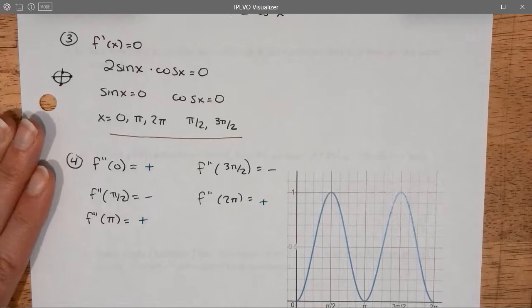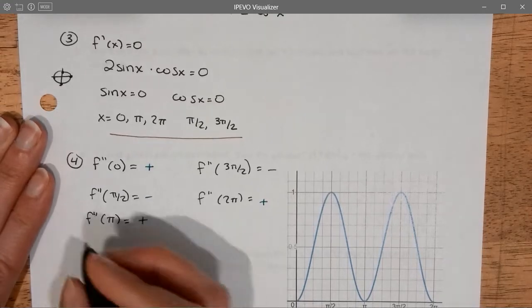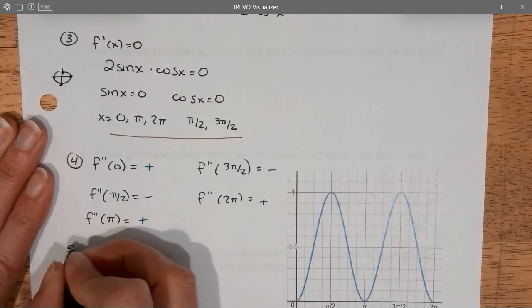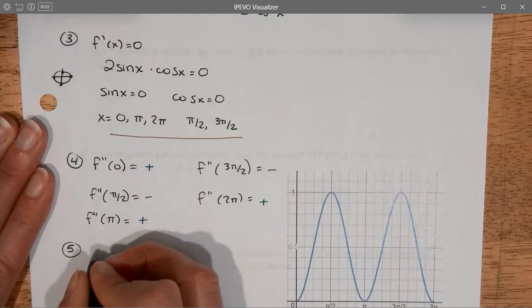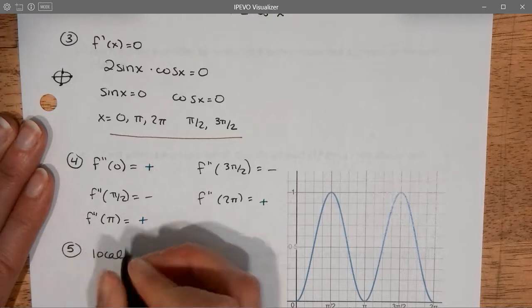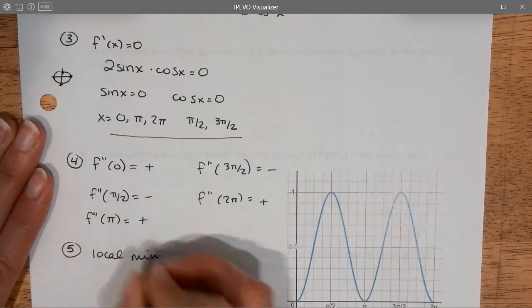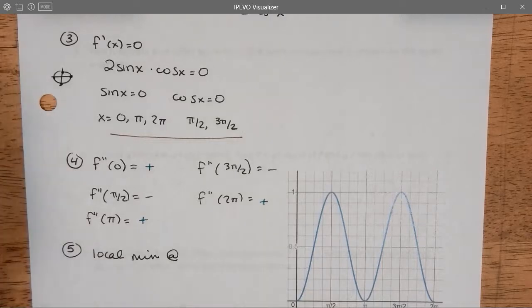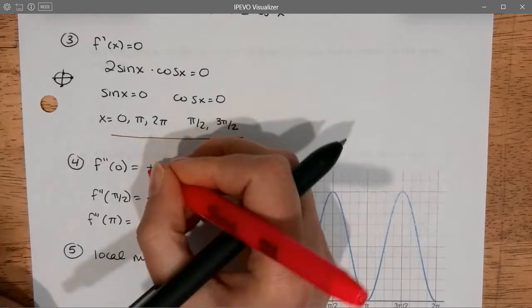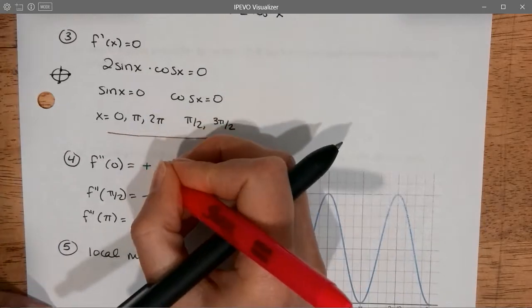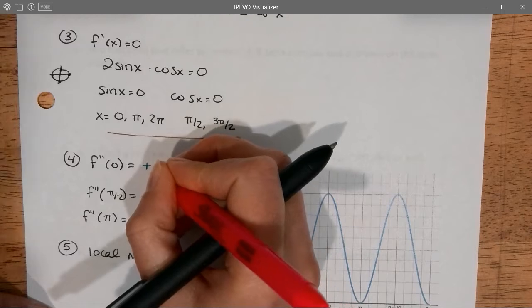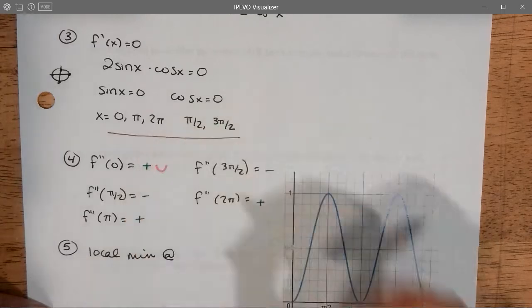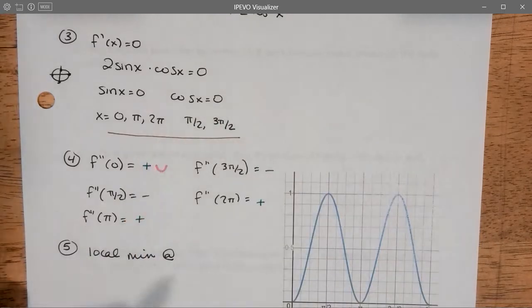Now, the conclusions. Okay, so the conclusions from step 5 are that we have a local minimum at any place where the second derivative was positive, because these ones were concave up. Concave up means minimum.